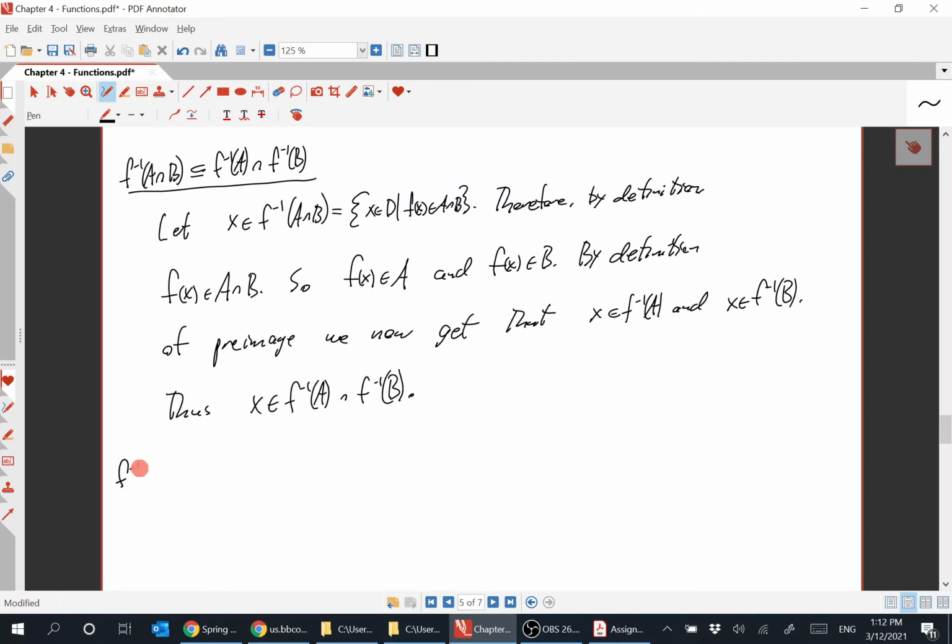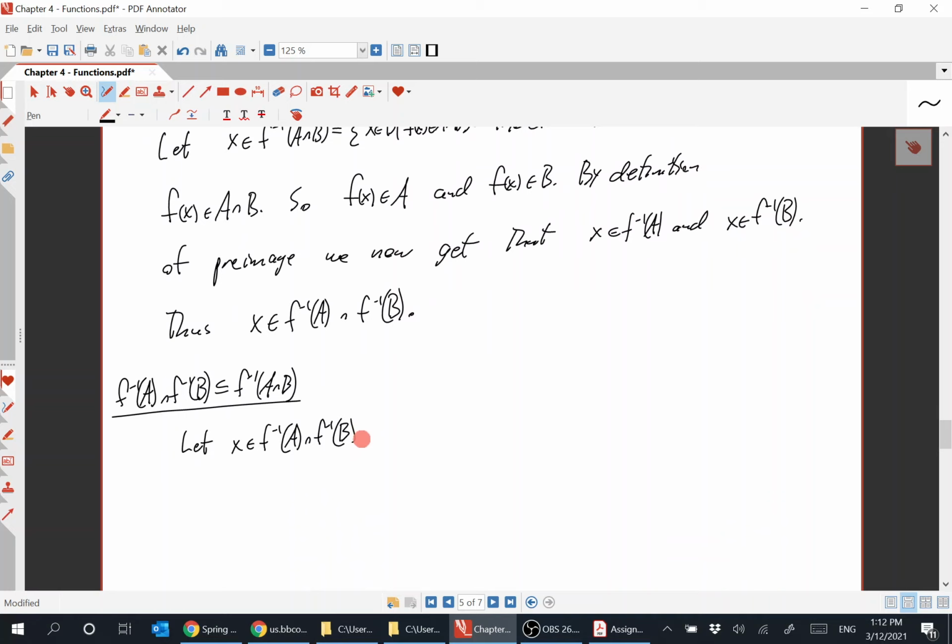So now the other way around. Let x be in the preimage of A intersection the preimage of B. Therefore what? What property can we use first?